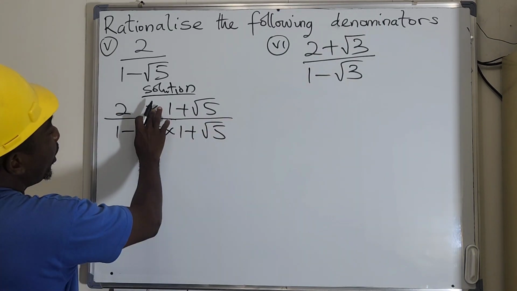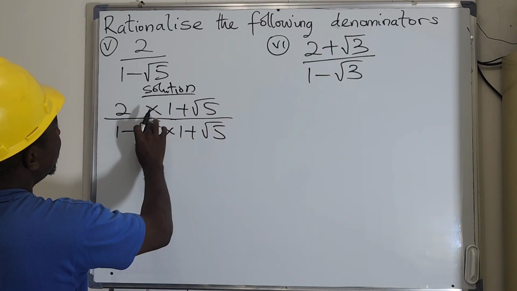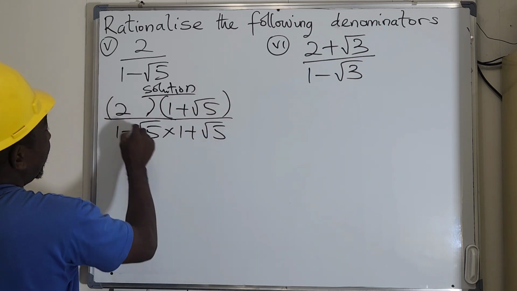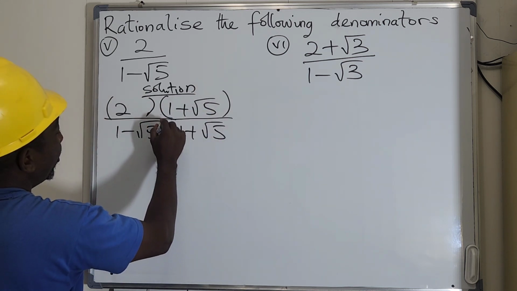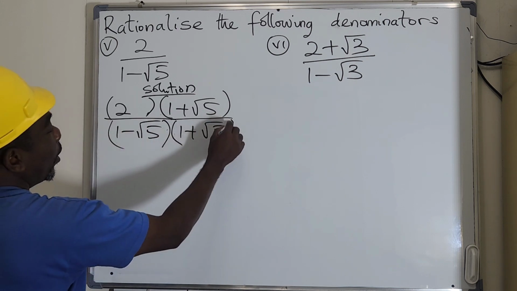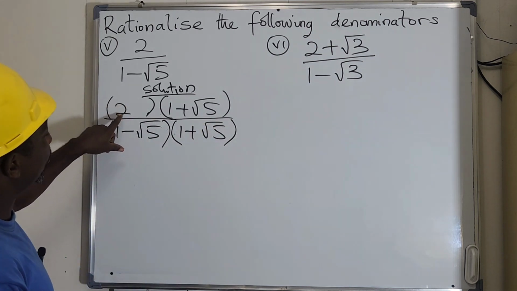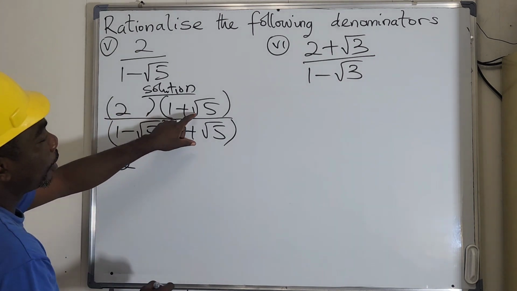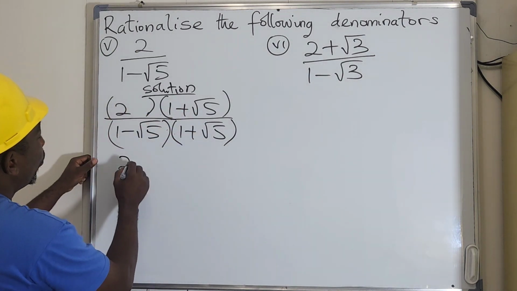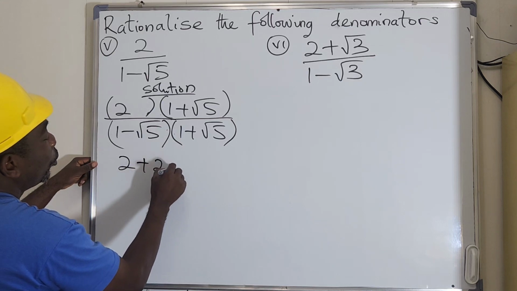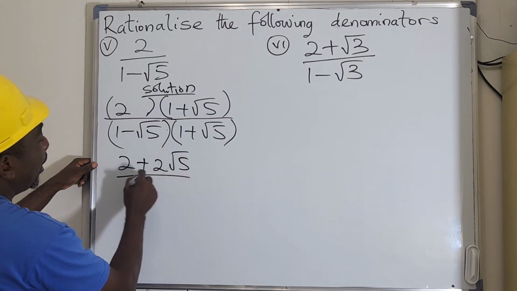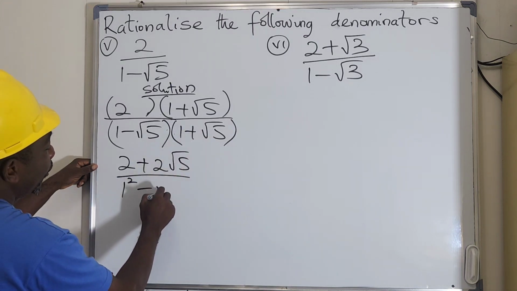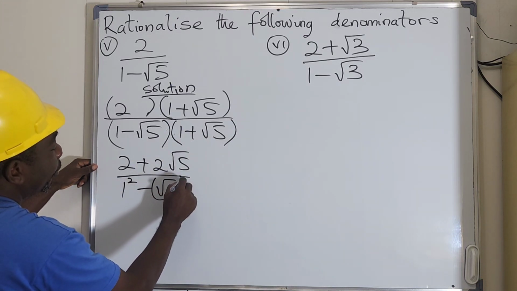So here we need to expand this. As we used to say, we can put parentheses so that we will understand. So this is the same thing as 2 times 1, we have 2. Then 2 times plus root 5, we have plus 2 root 5, all over 1 squared minus root 5 squared.